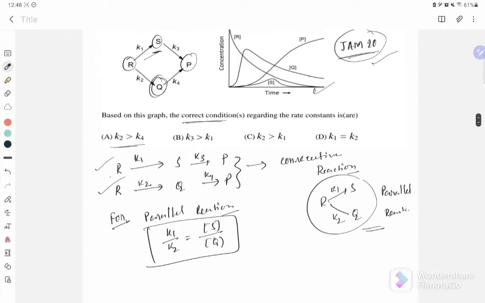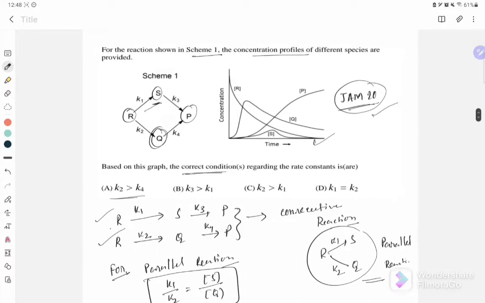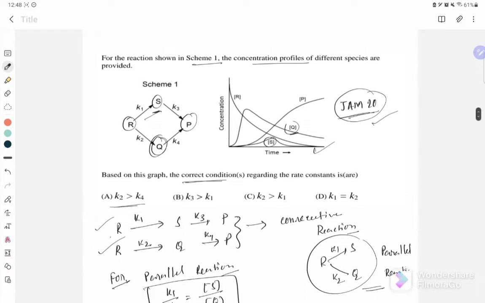But this is the concentration of Q, and this is the concentration of S. Okay, and in this graph R is continuously, gradually decreasing, Q has a peak, and S is this one.